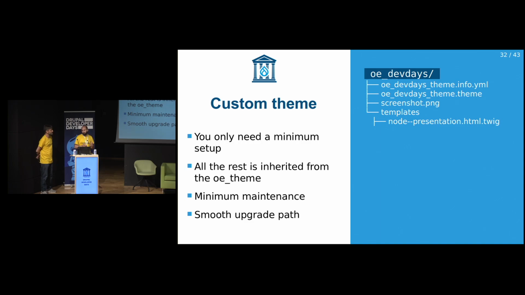Which is a very nice and good thing for the maintenance of the project, because the upgrade path and the maintenance path is very streamlined. The OpenEuropa themes, projects and modules are under Composer, so the upgrade path is very smooth. And if there is a breaking change, or something more than small enhancements, then the OpenEuropa colleagues give you the upgrade path.